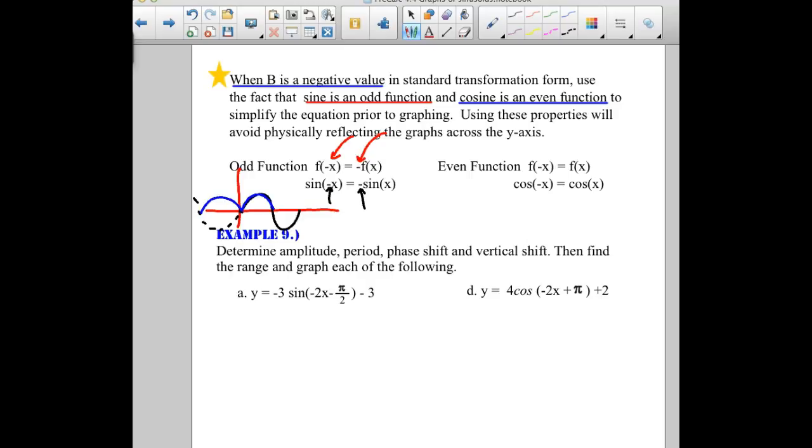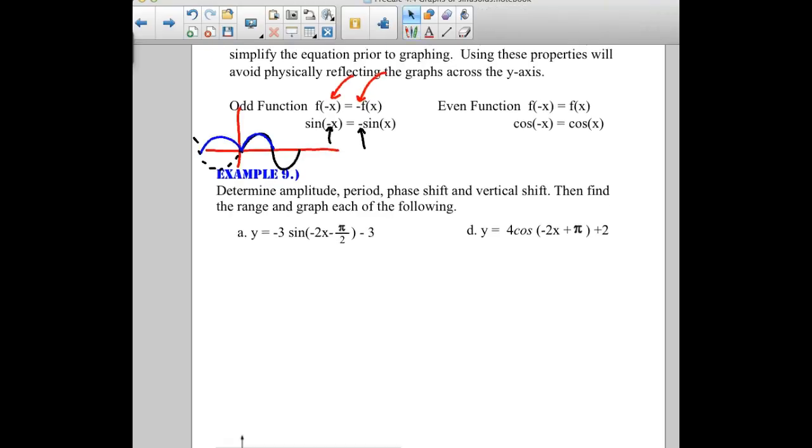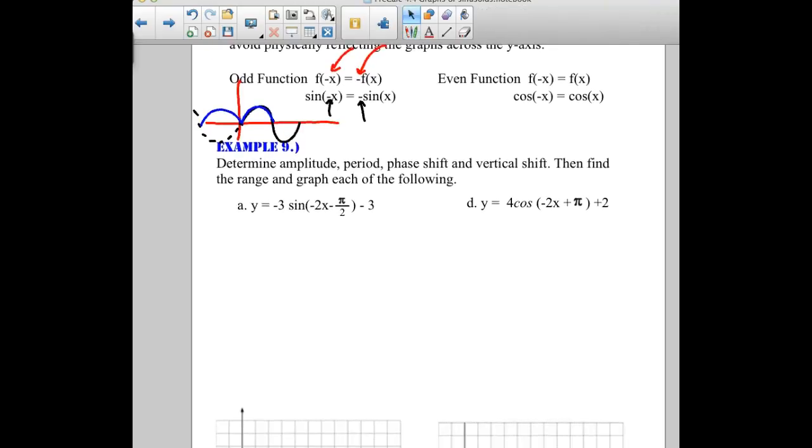Okay? So what I mean by that, let's look at our first example here. We want to convert this equation. We're going to actually pull the -2 out away from all this stuff in parentheses. It's still going to be inside, but it's going to be out of the very innermost set of parentheses.